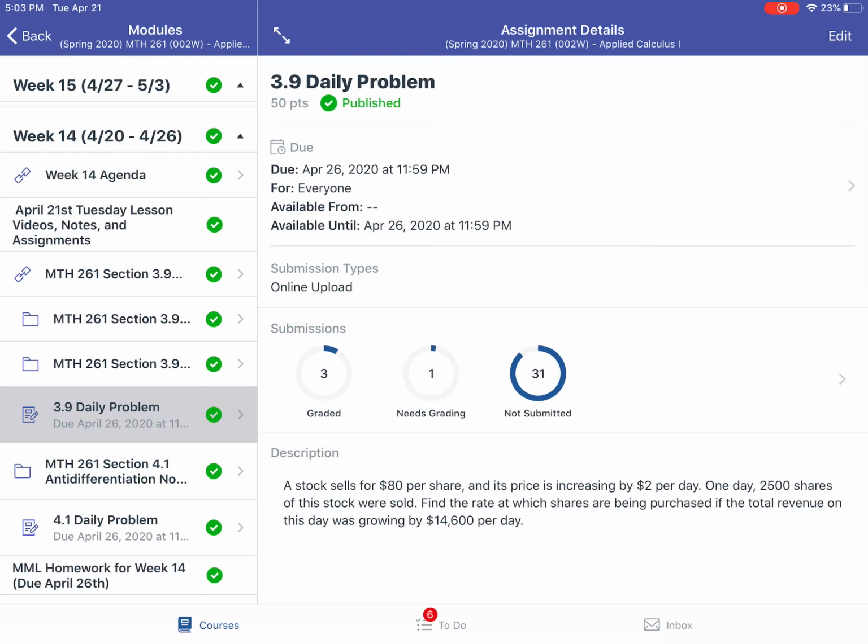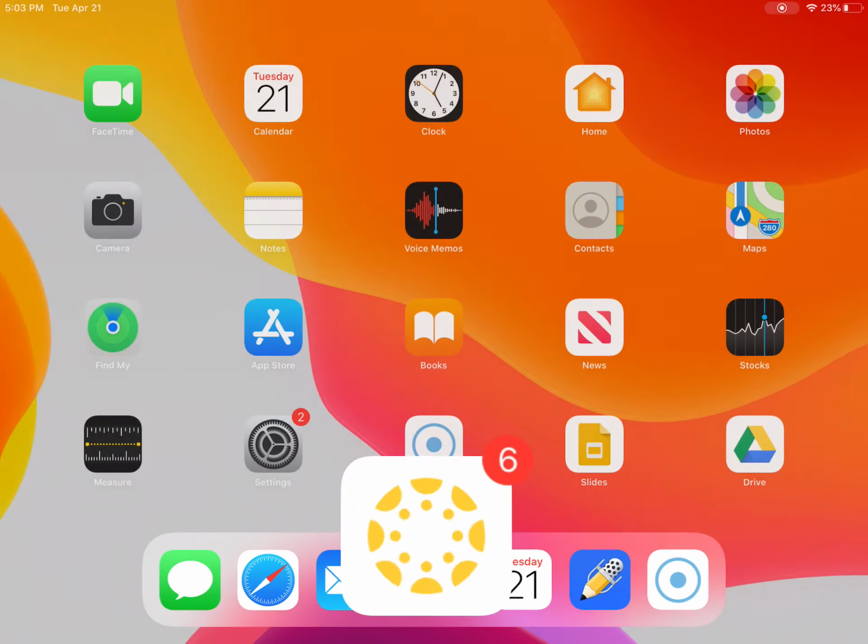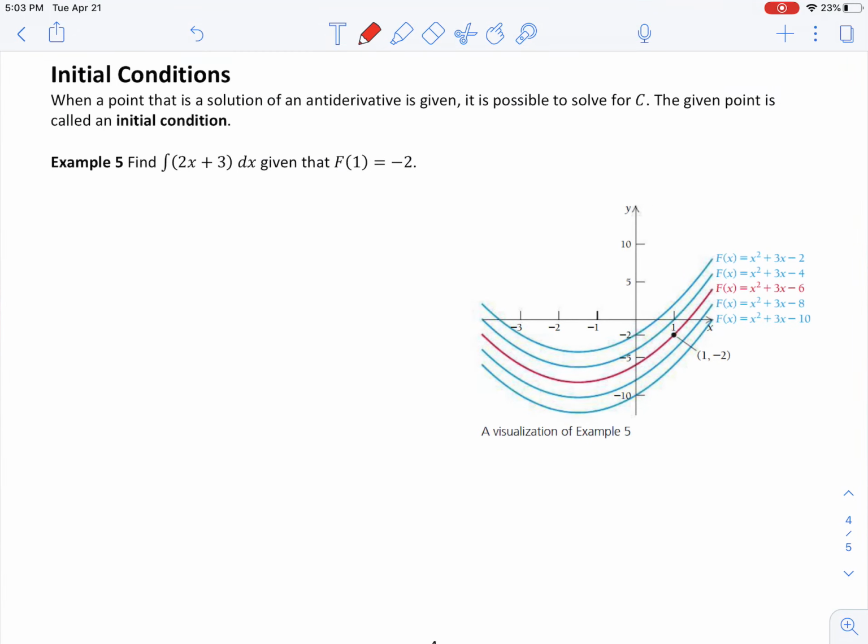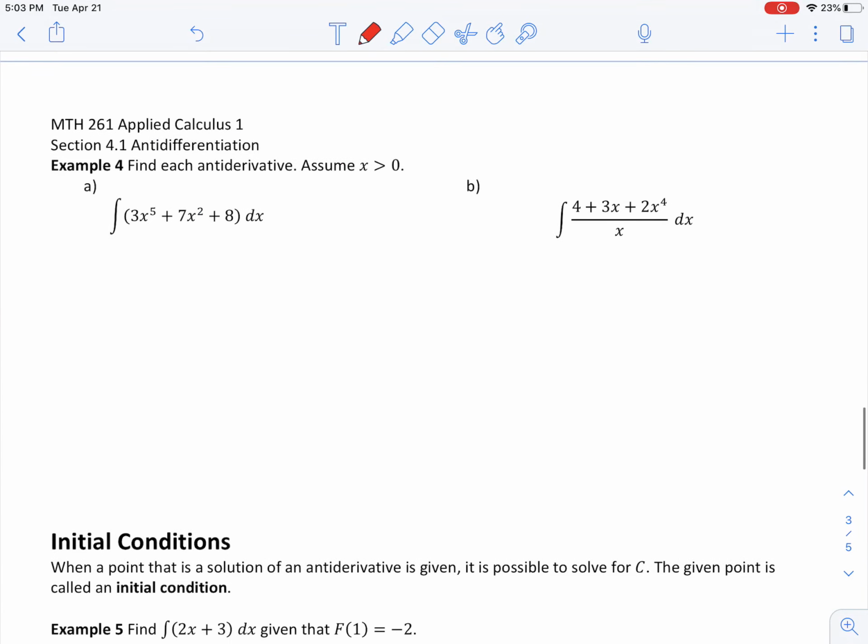I'm not asking for the share price. I'm not asking for the quantity. I'm asking for the rate at which the shares are being purchased. I'm asking you for dQ/dt here, okay? Q being the quantity of shares being sold or purchased. So submit something. I'll take a look. If it's wrong, I'll send it back. You can fix it and send it back. We can do that. But start that process early for me.